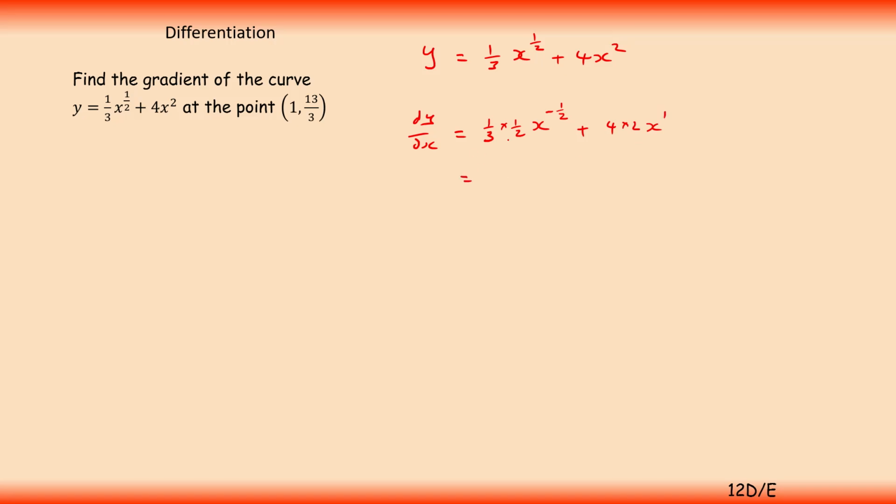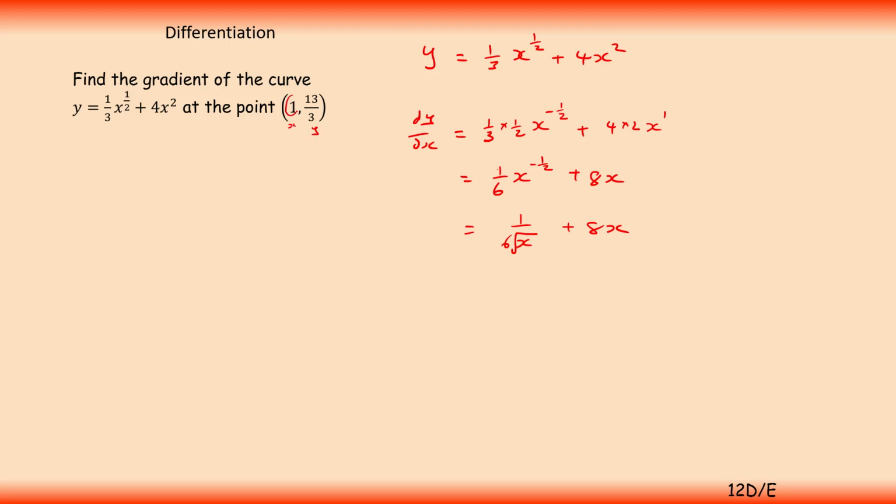So if we simplify that, we've got a sixth of x to the power of minus a half plus 8x. And we can write that as 1 over 6 x to the power of a half, which is the square root of x, plus 8x. Now we want to find the gradient at the point 1, 13 over 3. So that's our x coordinate, which we require, that's our y.